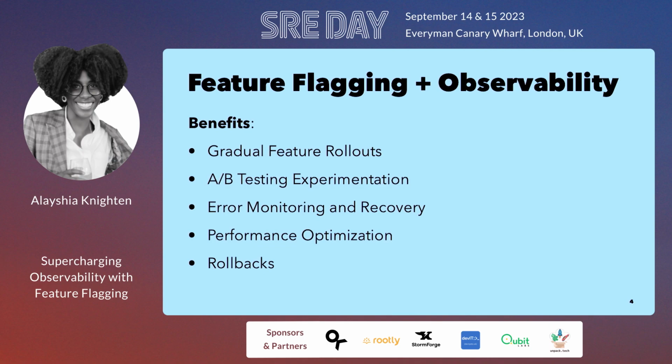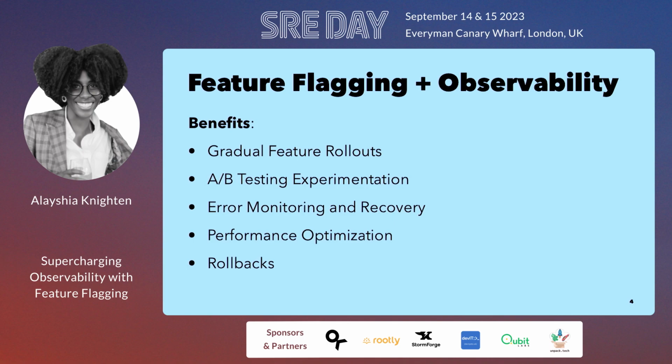So, with all that being said, putting them together, what does that look like? If I told you that feature flags allow you to roll out new features to a subset of users, however you want to do that, if you combine the two, it lets you monitor these features in real time.